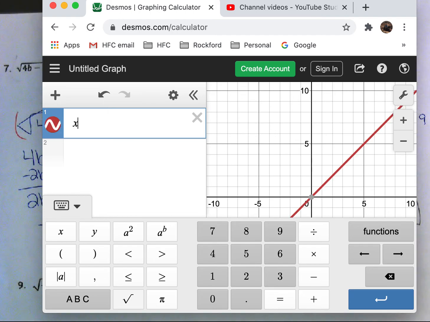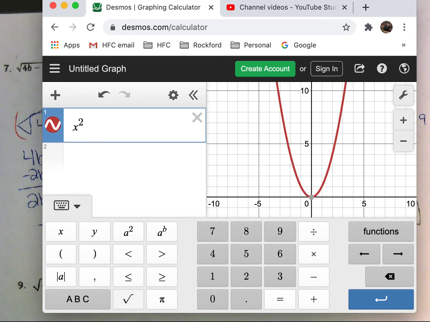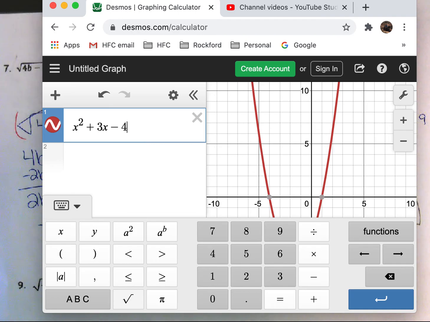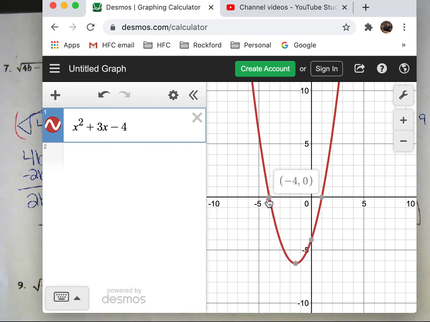We have x squared plus 3x minus 4. So do you notice in this one, it's going to give you the -4 and the +1. So this is another way to solve it.